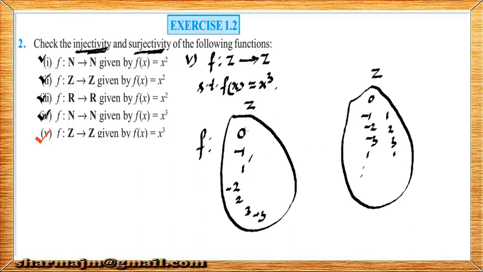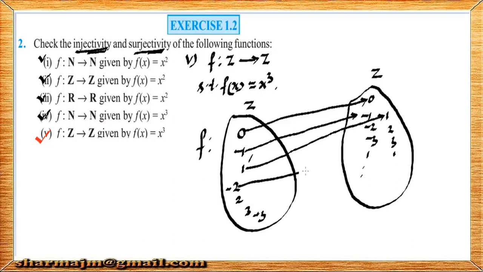Now image of 0 is 0 because 0 cube is 0. Image of -1 is -1. Image of 1 is 1. Image of -2 is -8. Image of 2 is 8.